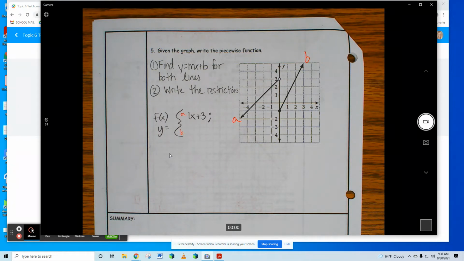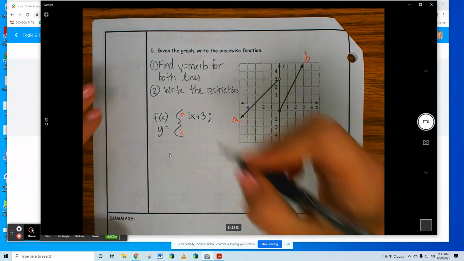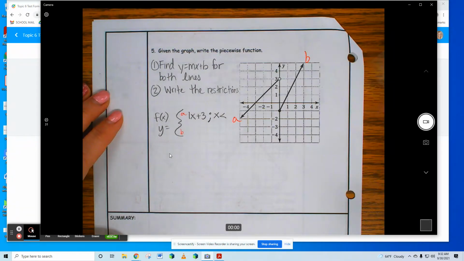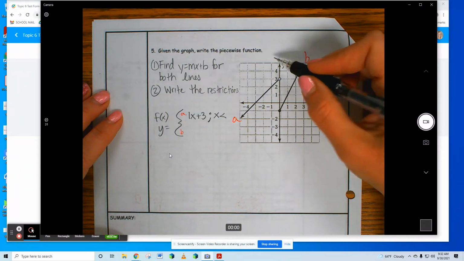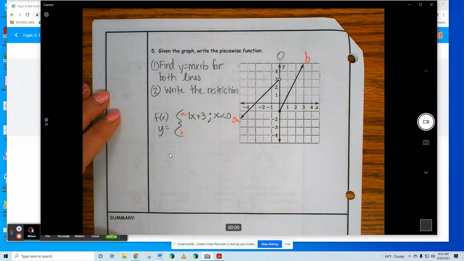What's smaller? Less than or greater than? Less than. Should I do a line underneath my less than, or no line underneath my less than? X is less than. And what number is it at? What is this number? 0. Good job.